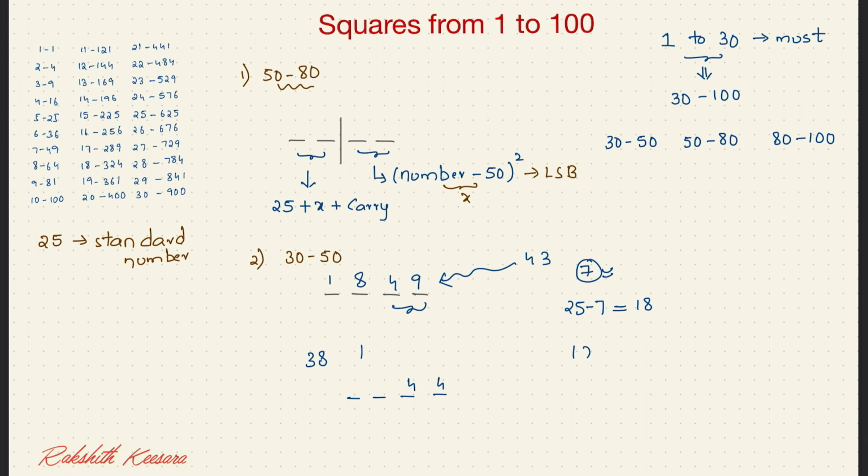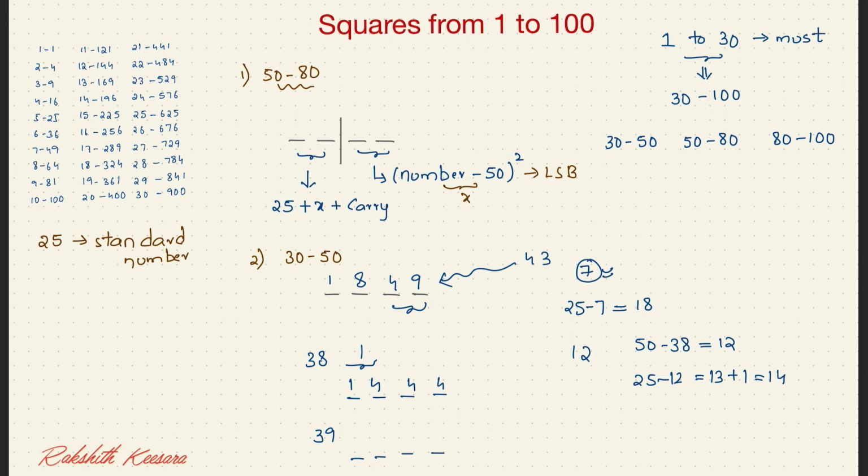So 12 is the number, that is 50 minus 38, that is 12. Now 25 minus 12 is 13 and we are having a carry here, that is 1. So 13 plus 1 is 14. 1444.